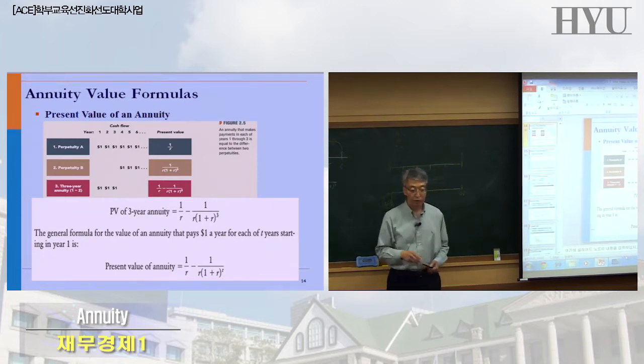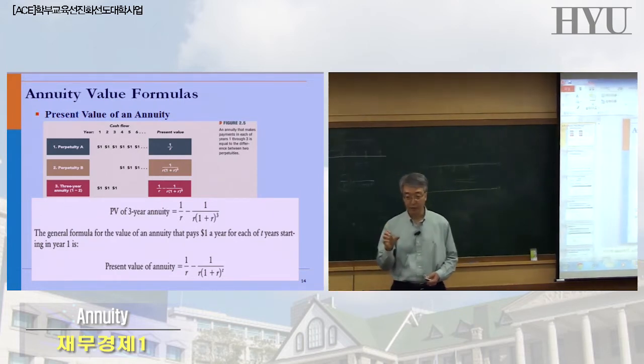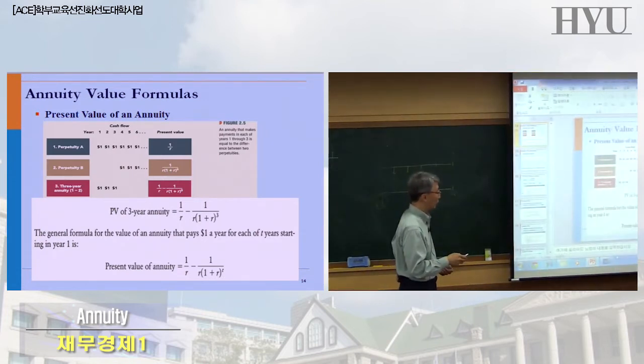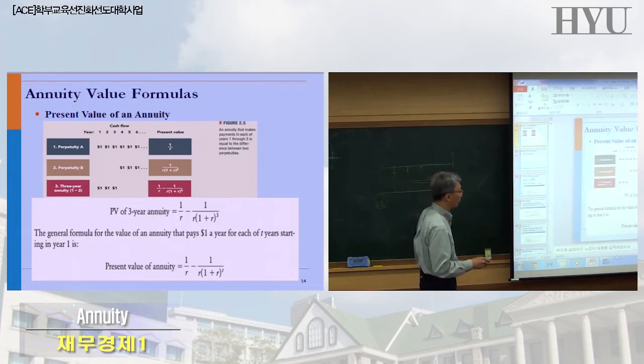Remember, in order to qualify as an annuity, you have to have finite periods. Perpetuity is not considered an annuity because it's infinite. So from that, we come up with this formula: the present value of the 3-year annuity is the present value of perpetuity A minus the present value of perpetuity B, and with some manipulation, we come up with this.